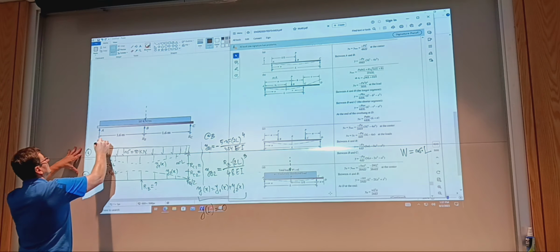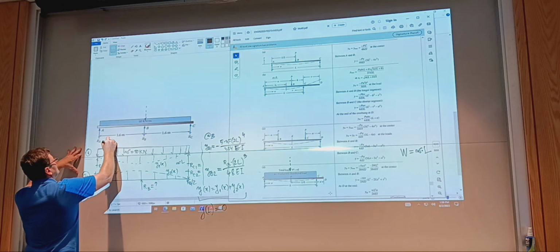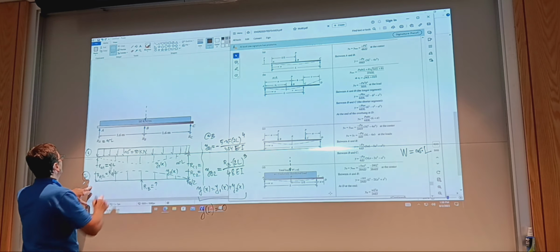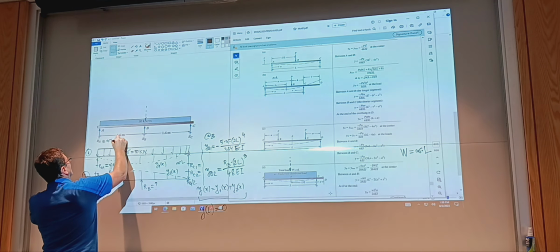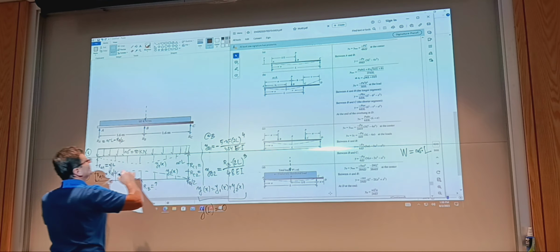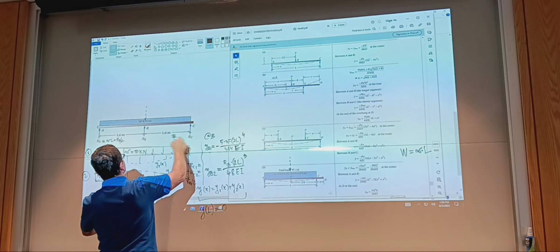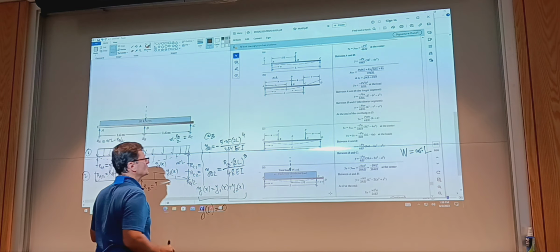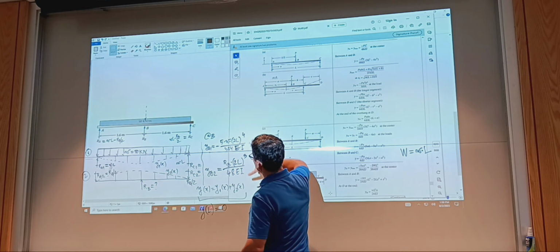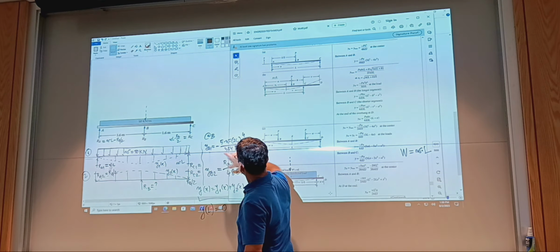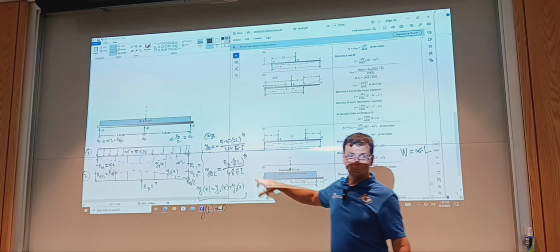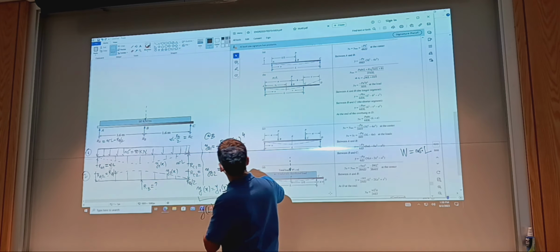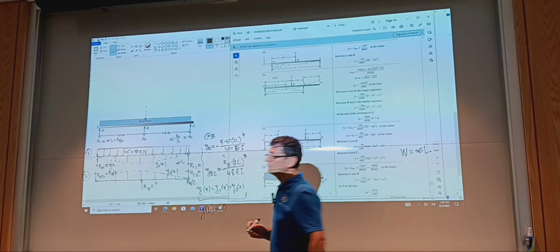Ultimately, this is going to be WL minus RB over 2. RB, well, we'll find it. And so this one is WL minus RB over 2. So what we need to do is to just say this plus this equals 0, and we'll solve for the unknown, which is RB.